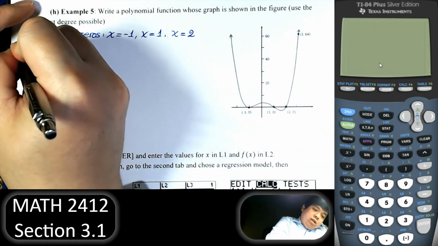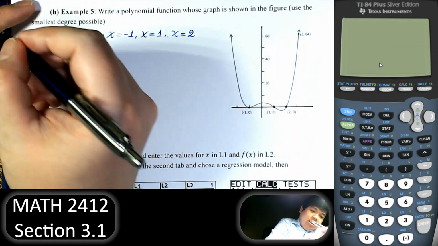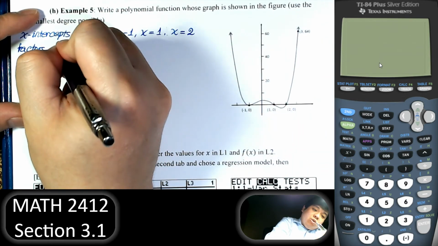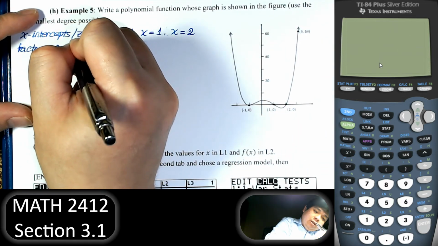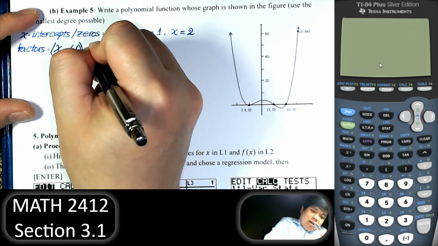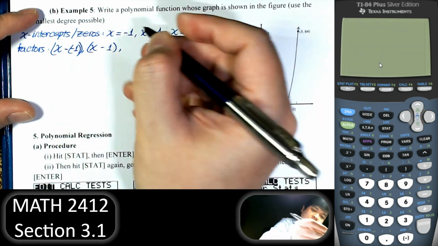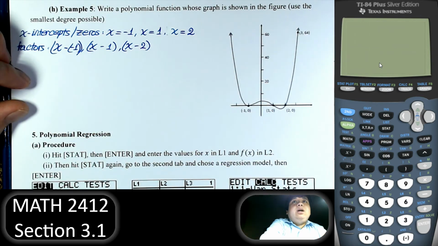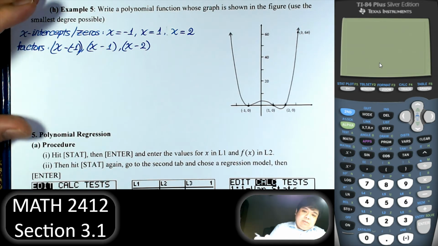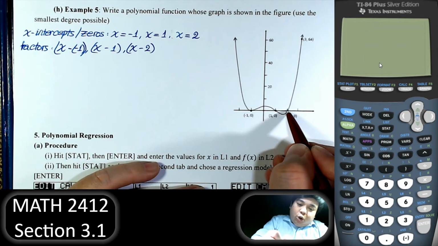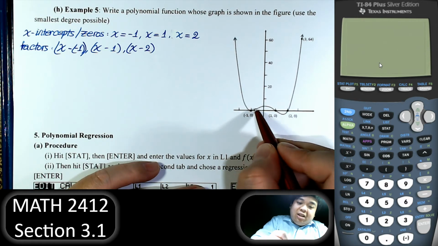Now the multiplicities, sorry, the factors. If those are the zeros, then the factors are x minus those numbers. One factor x minus 1, one more factor x minus 2. We put all of that together, right? What else do we have? This looks like it will touch the x-axis and turn around.